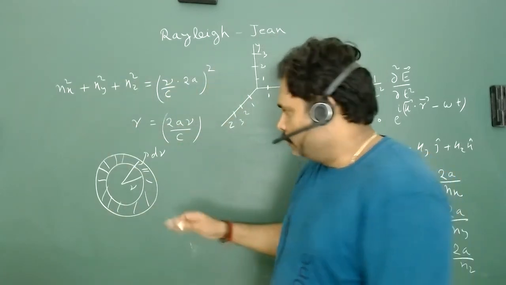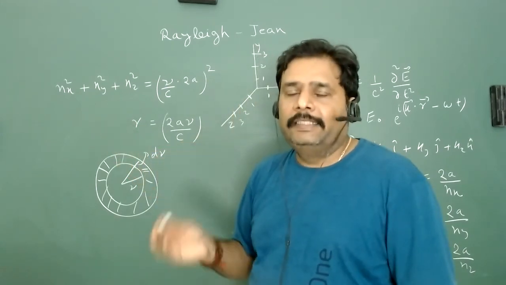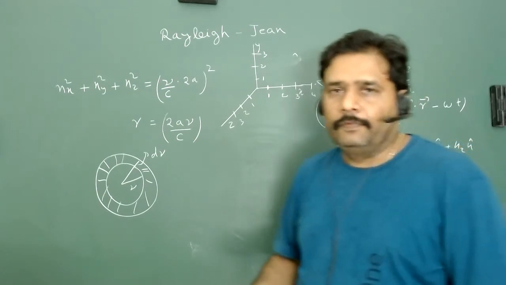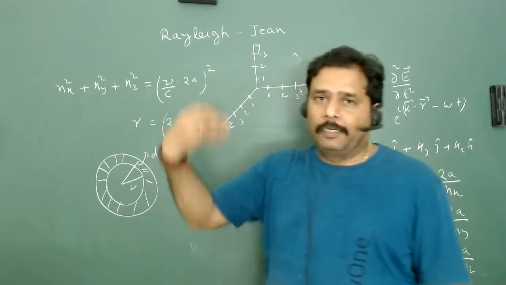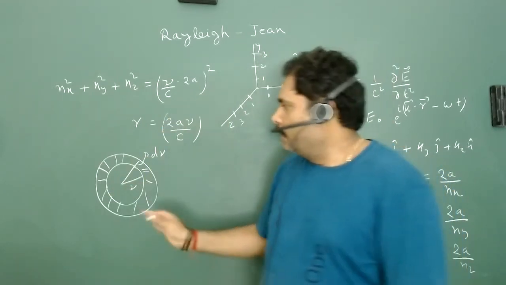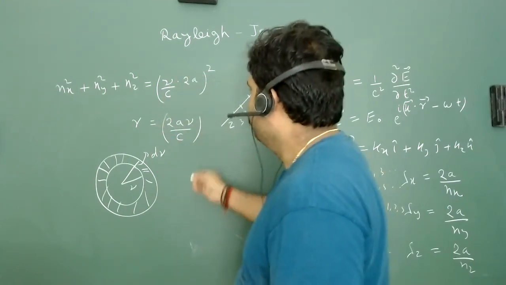So we are just playing a trick. Calculating nx, ny, nz is actually calculating the number of waves, the number of modes. And further in quantum mechanics, we will use the number of states. So obviously we are going to calculate this particular volume.